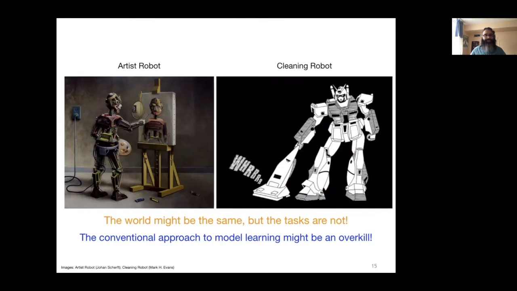The dynamics of the world and how the world looks is exactly the same. The perception of these two robots is the same. Their actuators are the same, so the dynamics is also the same, but the tasks are very different. A cleaning robot has to focus on the topology of the building, where the rooms are, which room is connected to which one, because that's important for efficient navigation.